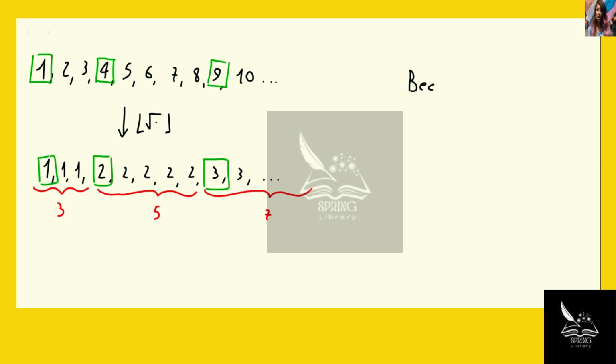And why is that? Because let's say that we're taking a number m, which is between a square, let's say n squared, and the following square. So for instance, if m were 6, then 6 would be between 4 and 9, so n would be 2 and n plus 1 would be 3.